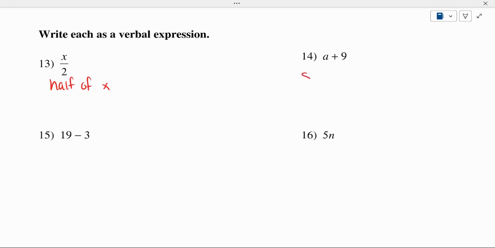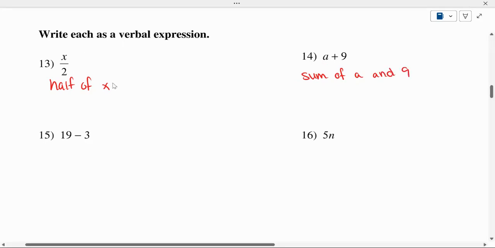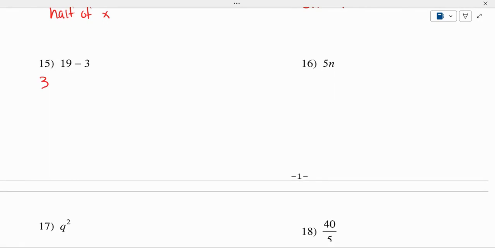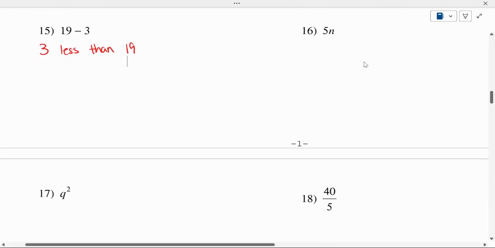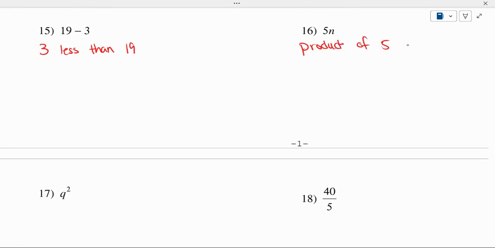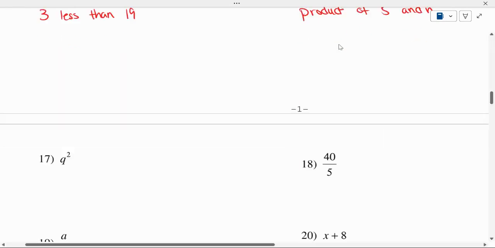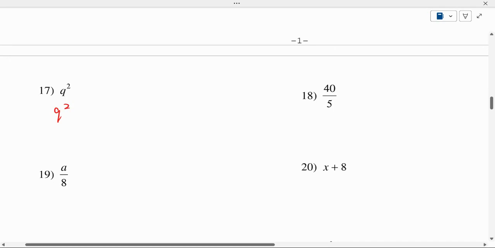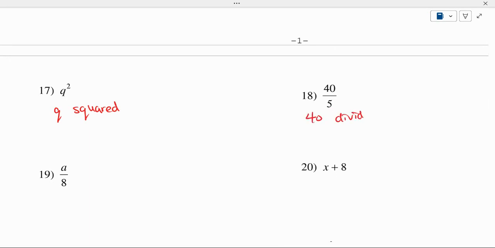8 plus 9, sum of a and 9. 19 minus 3, 3 less than 19. Now that the order is swapped, 5 times n, product of 5 and n. Q squared is q squared. 40 divided by 5, simply 40 divided by 5.